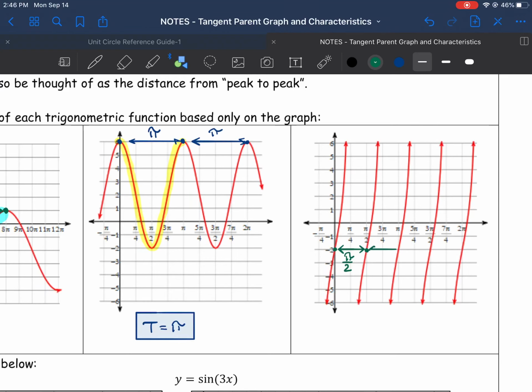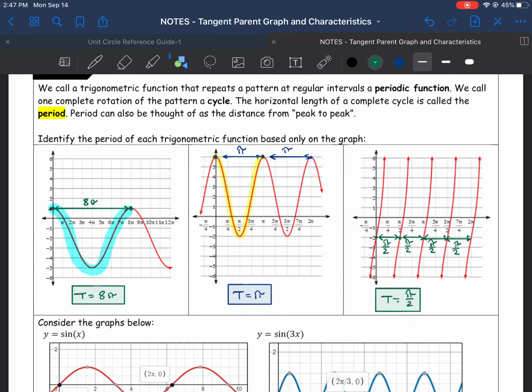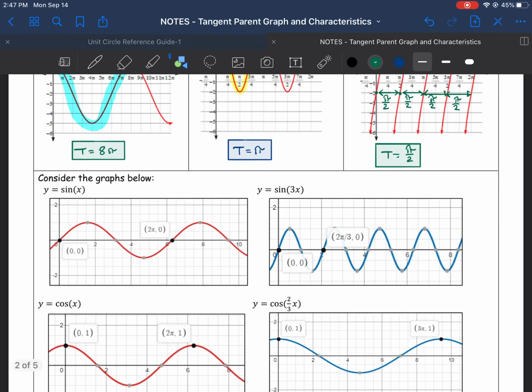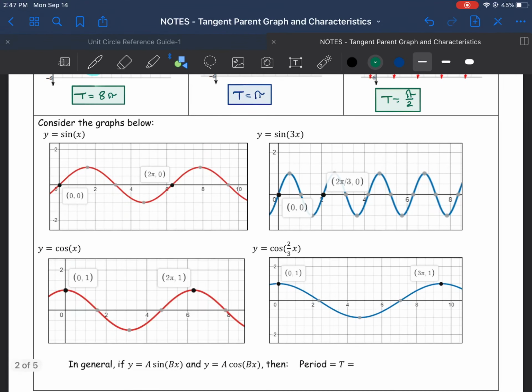So this would be pi over 2, this would be pi over 2, so on and so forth. Okay, so here the period is pi over 2. So that's how we can look at the period when we're looking at a graph. We look for the horizontal length of one complete cycle, and that's the period.